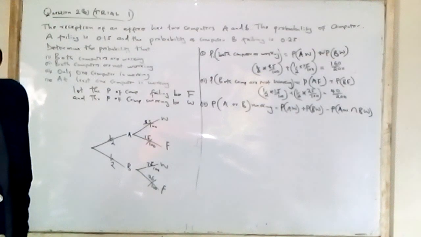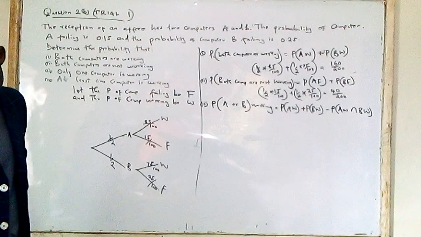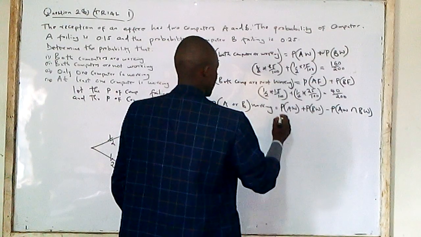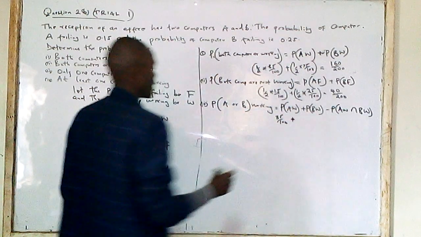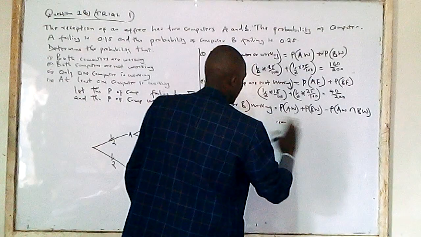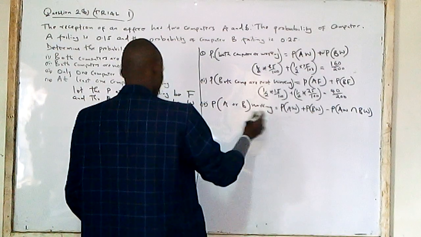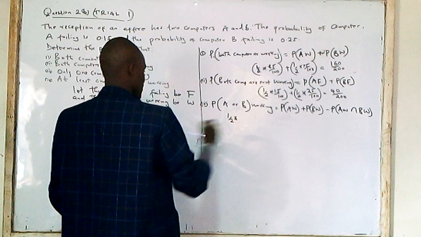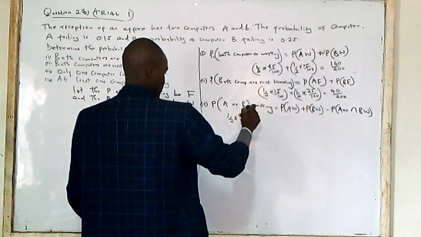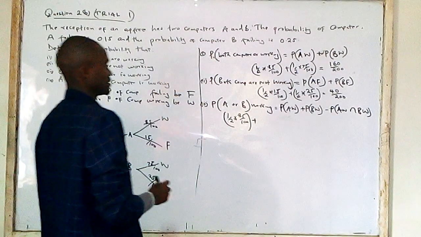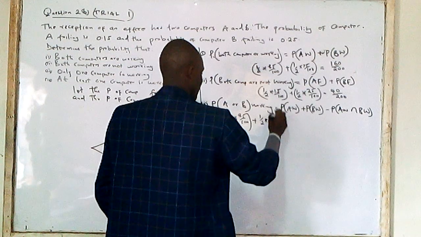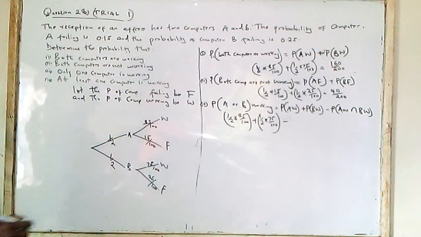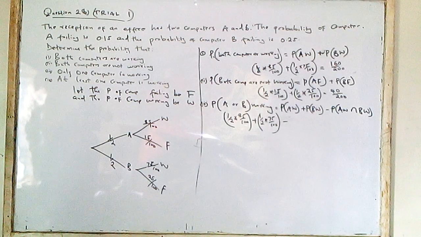So AW is P(AW), which is a half times 85 over 100, plus BW, which is a half times 75 over 100, minus the probability here, AW and BW, an intersection.